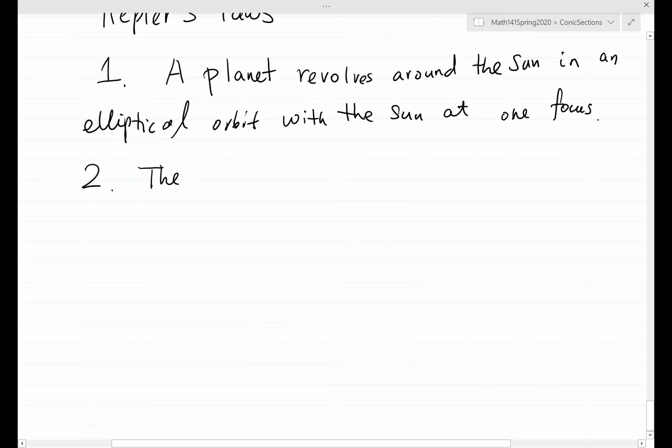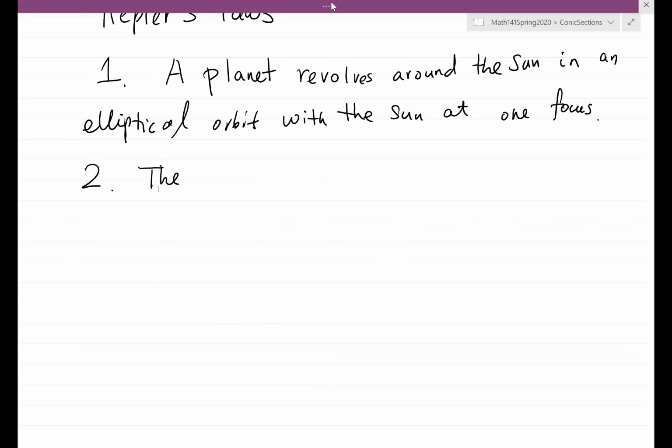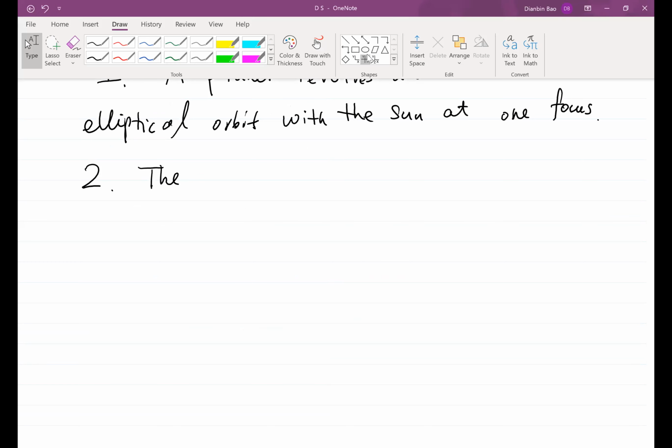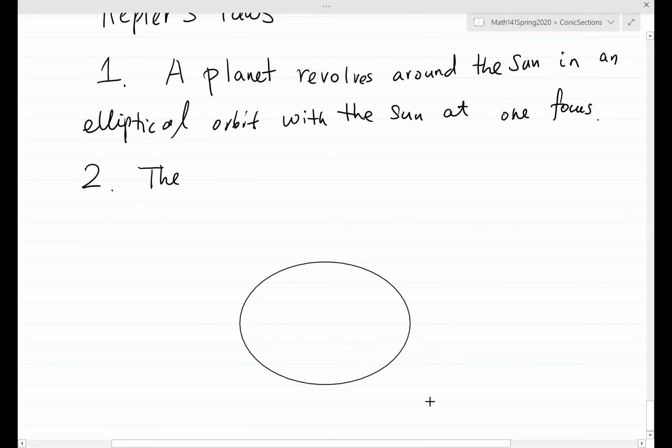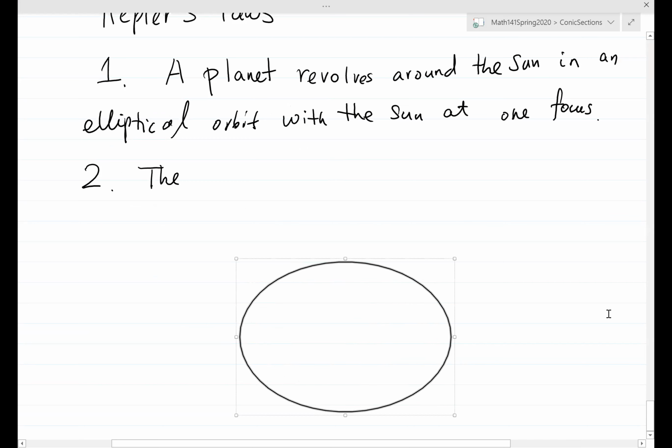So if we explain this, if we have an ellipse, then the orbit of a planet around the sun is actually an ellipse. The sun is at one of its foci.